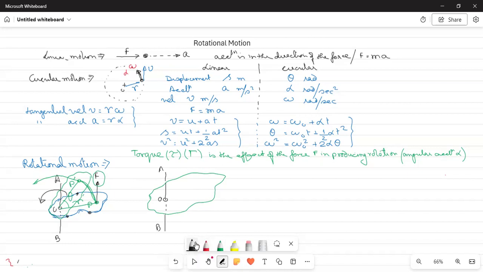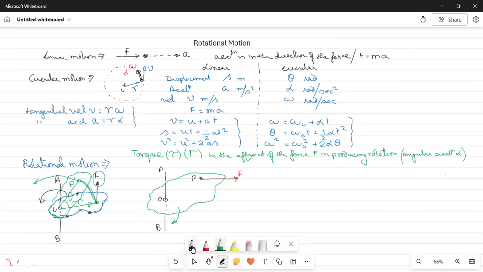Now let us say there is a point P, and you apply a force in this direction. If you apply a force, obviously, by our common sense, we see that the body will start to rotate in clockwise direction.